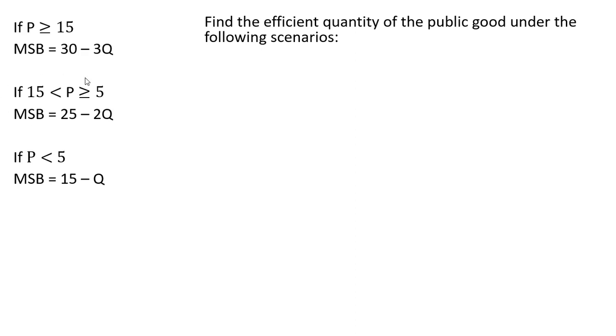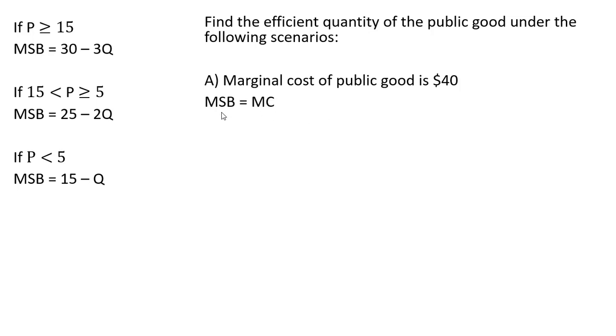So just rewriting those values for the marginal social benefit curve. And now we can find the efficient quantity of the public good under the following scenarios. At a marginal cost of the public good of $40, we're going to set marginal social benefit equal to marginal cost.